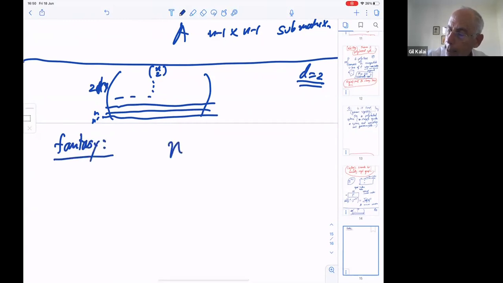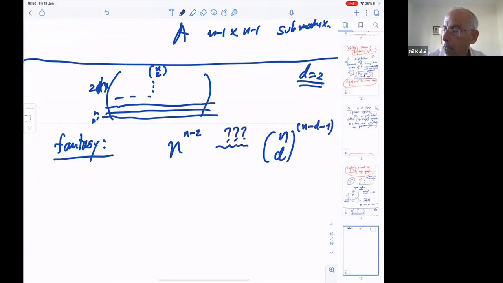We want to replace n to the power n-2, which is the number of labeled trees, by n choose d to the power n-d-1. And here we even have a generating function when we count labeled trees according to the vertex degrees.